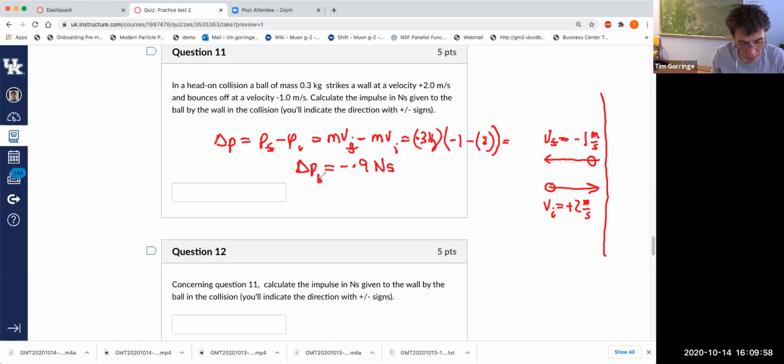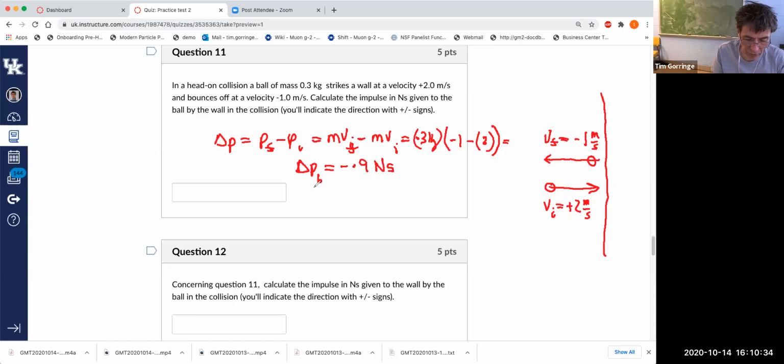What about the wall? What's the change in momentum of the wall? Well, the key thing here is that in a collision of two objects, and here the two colliding objects are the ball and the wall, if the ball acquires a certain change in momentum, a given impulse, then the other object, the wall here, must acquire an opposite directed but equal size change in momentum.